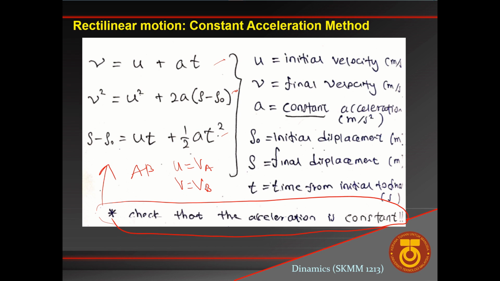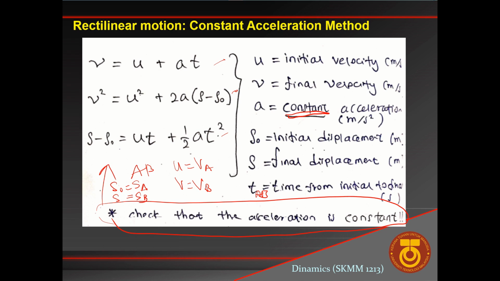Again, we highlight that the acceleration must be constant. s0 is the initial displacement and s is the final displacement, so s0 equals s at point A and s equals s at point B. And t is the time from initial to final, meaning the time taken from A to B. We will use these equations for rectilinear motion.